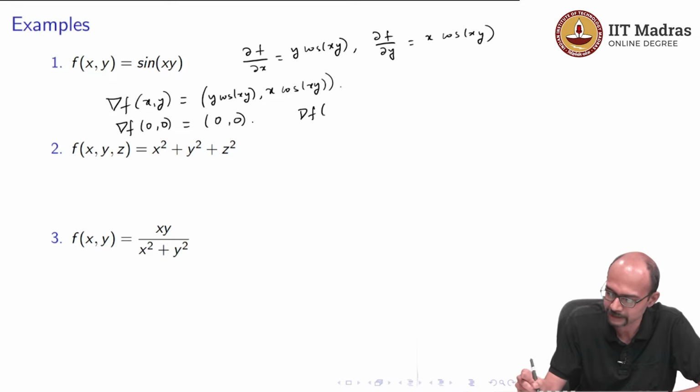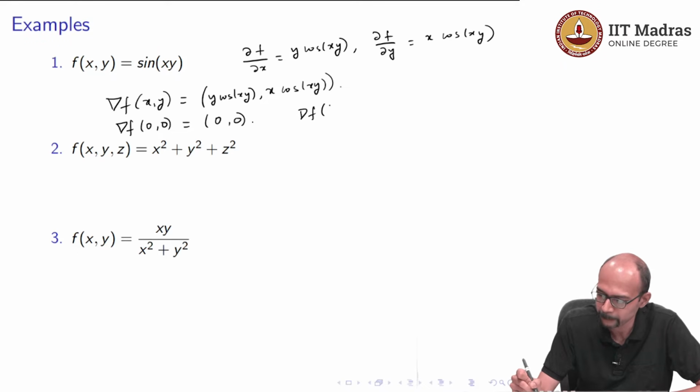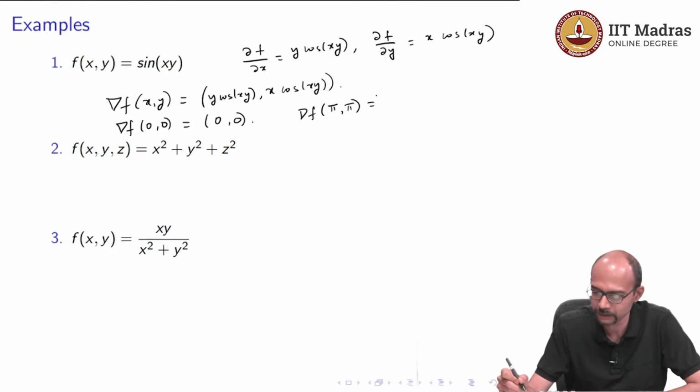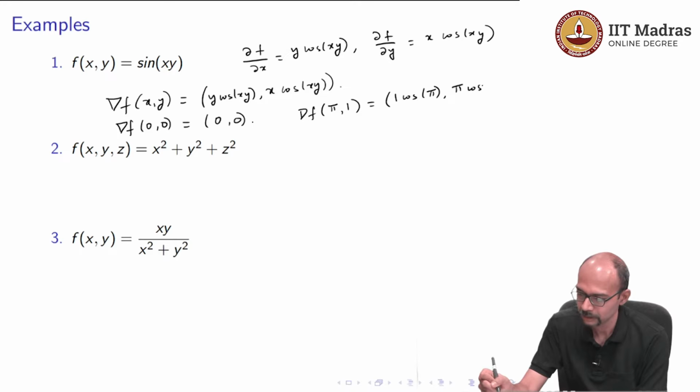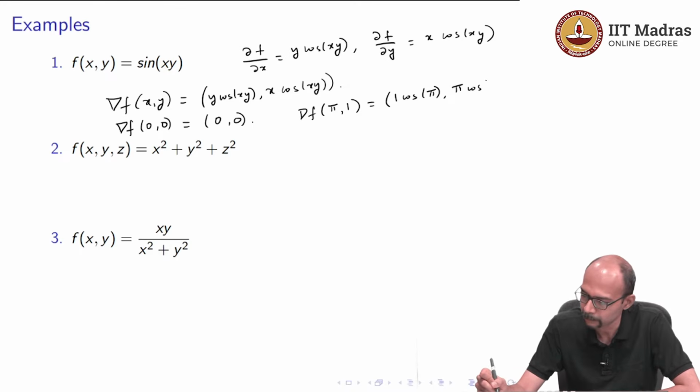If you evaluate it at, let us say, pi and pi, well, I get a cosine which I do not really know what to do with. So, let us say this is pi and 1. If I do that, then the gradient vector is 1 times cosine of pi, comma pi times cosine of pi.